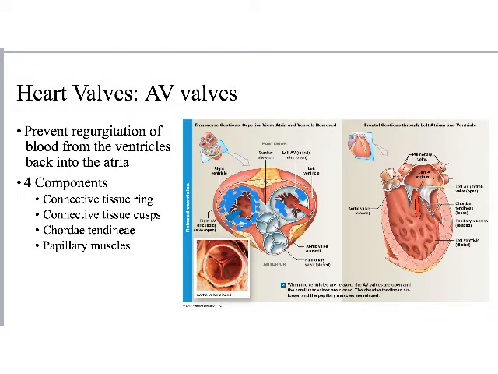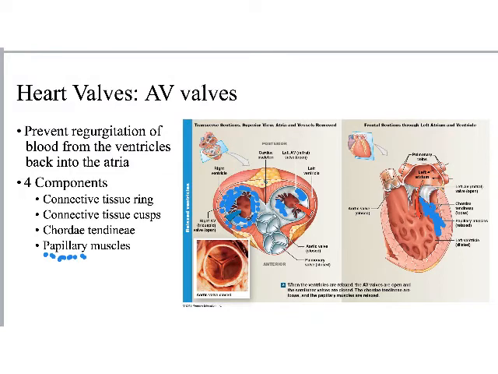Then you have what's called the chordae tendineae, and those are these little kind of strands of connective tissue that come down off of the cusps and connect the cusps to the wall of the ventricle. And one of the places that it connects on the wall is called the papillary muscle, and that's this little muscle that kind of sticks out from the wall of the ventricle, and it's what anchors the AV valve to the wall of the ventricle.